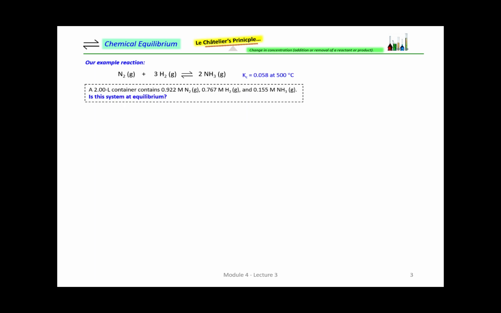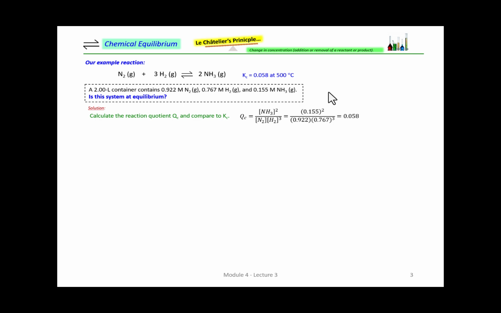Let's suppose that we had a 2-liter container and it contained 0.922 molar nitrogen, 0.767 molar hydrogen, and 0.155 molar ammonia. And we're going to ask, is this system, as written with these concentrations, at equilibrium? Well, of course, we want to calculate a reaction quotient and compare it to Kc.